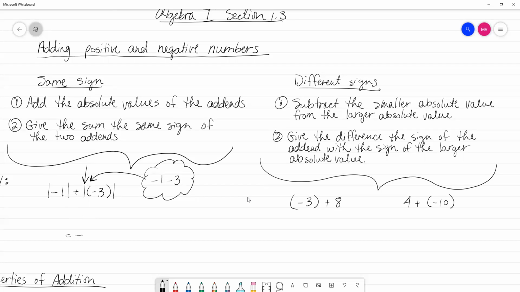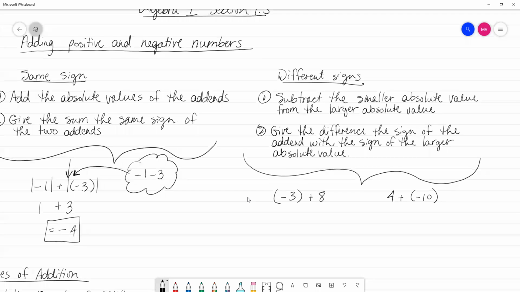And so then I see that this is 1, which is the absolute value of -1, plus 3, which is the absolute value of -3, and 1 plus 3 equals 4. But because I already have that negative sign and I know that my answer is going to be negative because I'm adding negative numbers, I got the right answer. All right, so don't forget to carry that negative sign. I like to do it first. That way I don't forget because it's easy for me to forget.